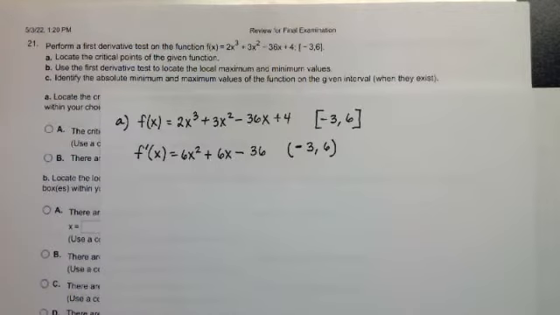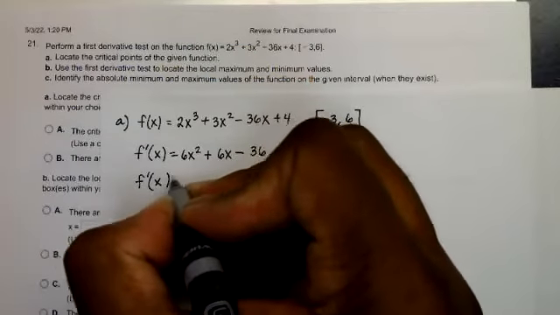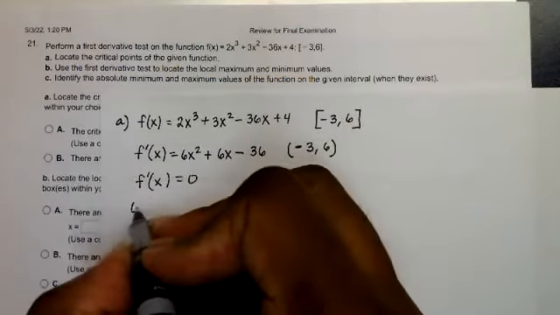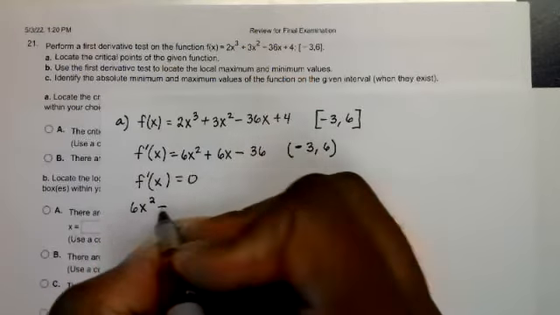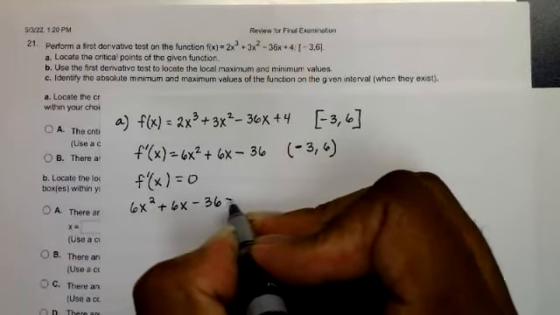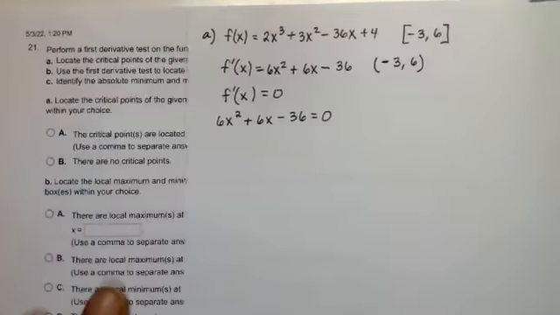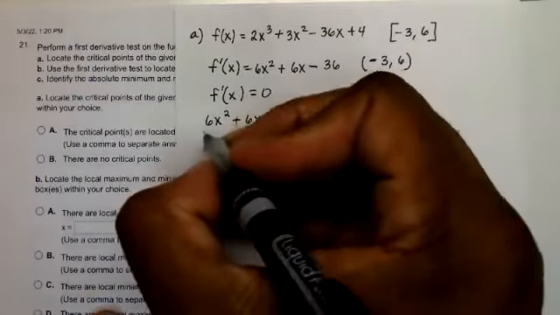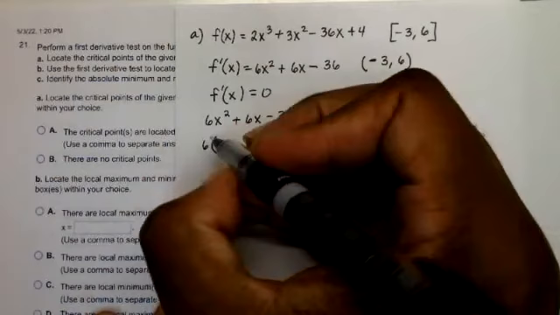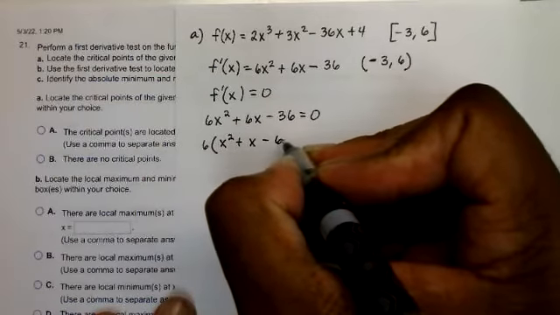Now let's set f prime of x equal to 0. So we're setting 6x squared plus 6x minus 36 equal to 0, and we're going to solve for x. Let's factor out the 6 first. If I do that, I'll have x squared plus x minus 6.